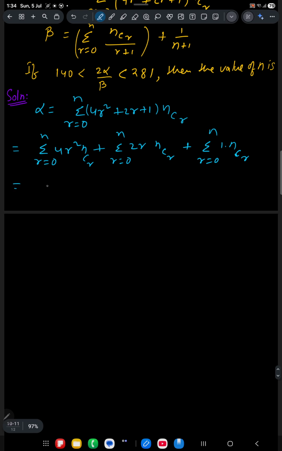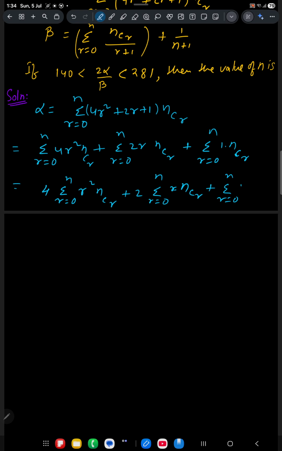Now what we will do is take 4 outside of the summation r equal to 0 to n of r square nCr, plus 2 outside of the summation r equal to 0 to n of r nCr, plus summation r equal to 0 to n of nCr.